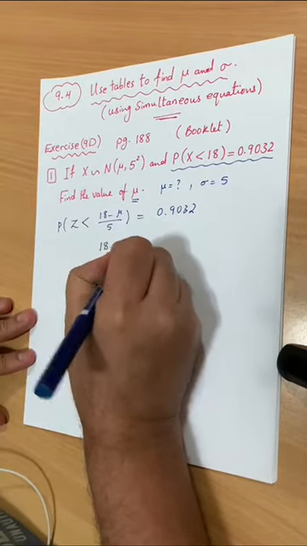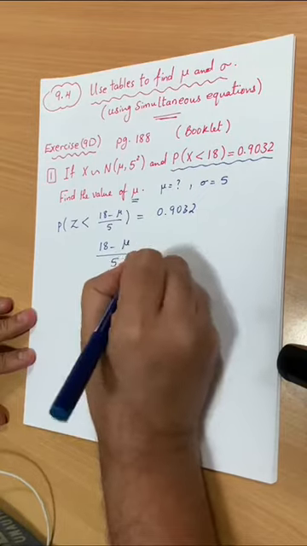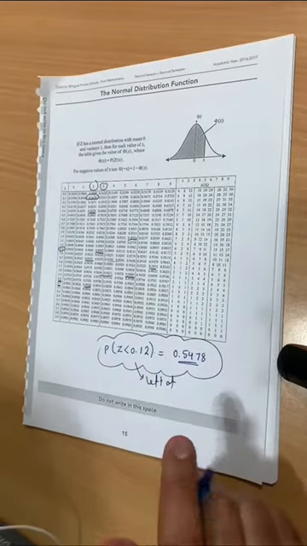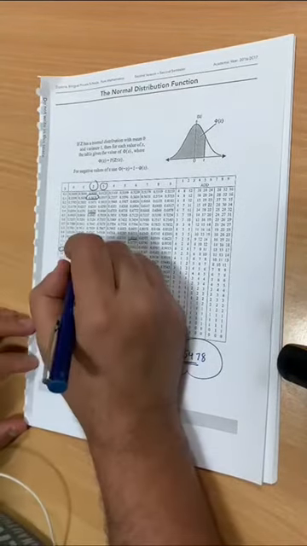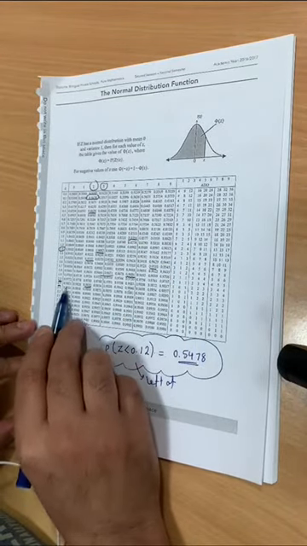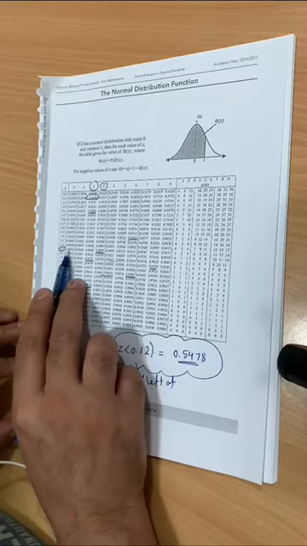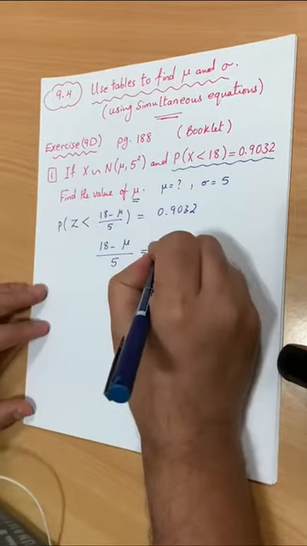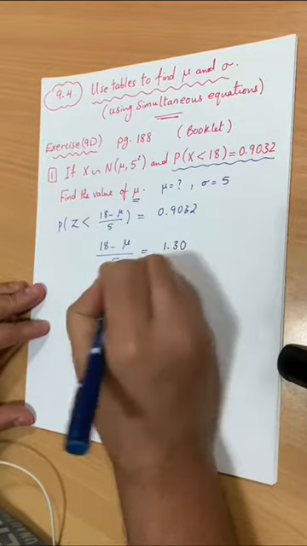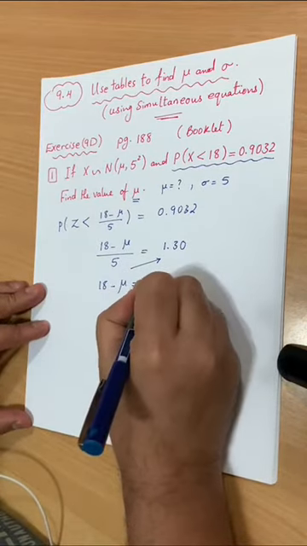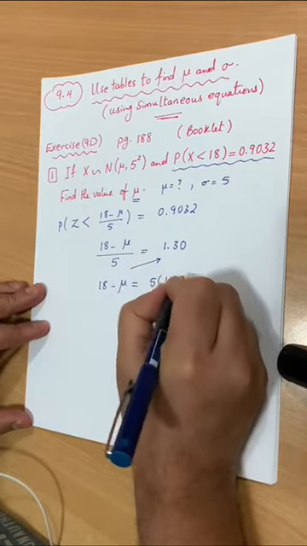(18 minus mu) over 5 equals. Now, let's use the table to find the value for 0.9032. It is 1.30. Then you do cross multiplying: 18 minus mu is equal to 5 times 1.30.